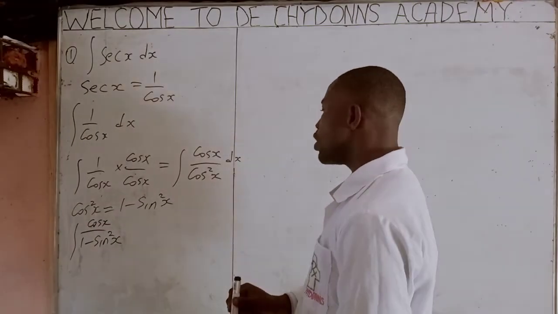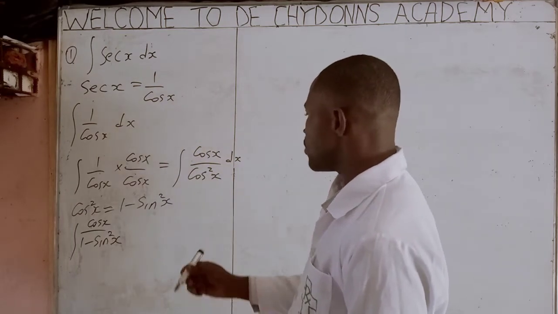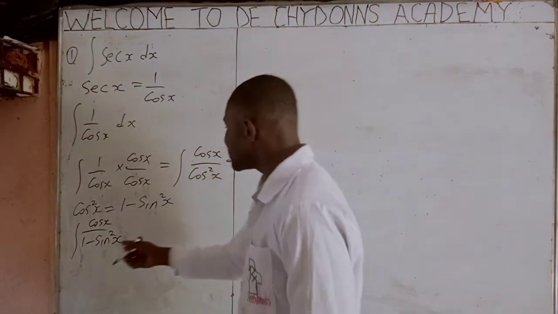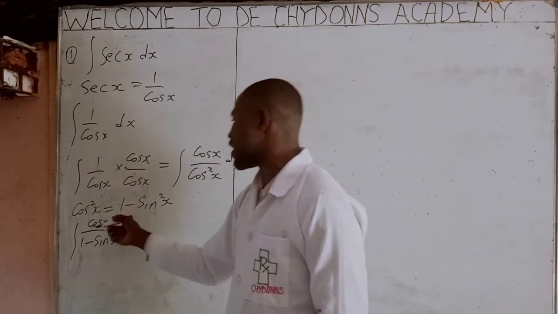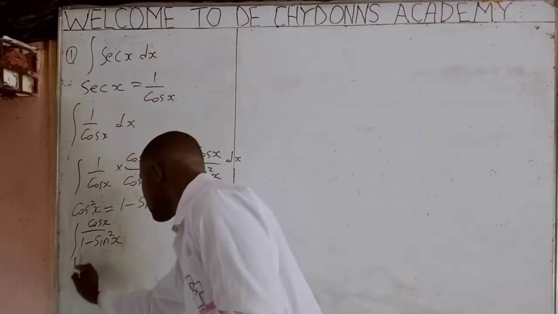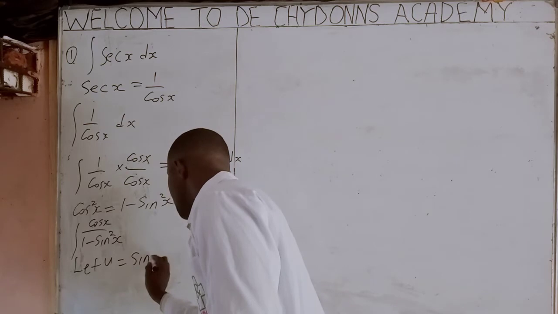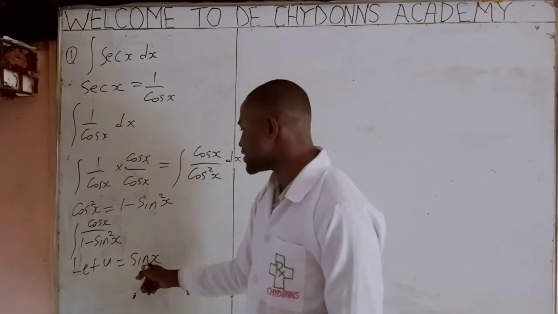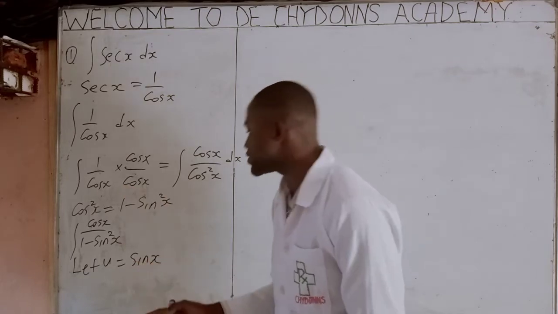Okay? So, what we have there now is, do we have anything that you can differentiate, and when you invert it, it cancels the other one? Yes. We say let u equal sine x, because when you differentiate sine x, it gives you cos x, and when you invert it, it will give you 1 over cos x.